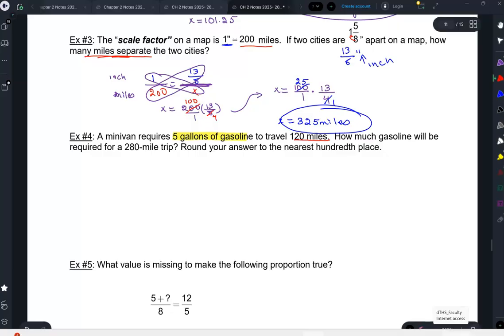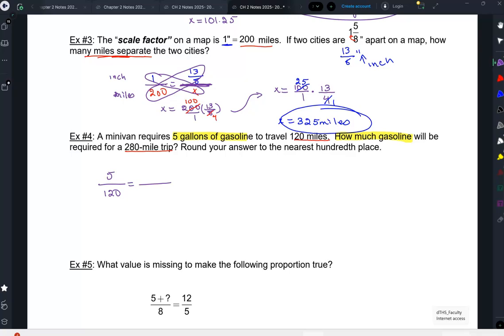How much gasoline will be required for a 280-mile trip? So do you see that? Amount of gas, miles, miles. You have to organize in a way that you're going to have your proportions easy to set up. So here, 5 gallons of gasoline for 120 miles.